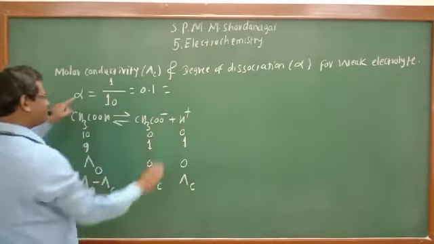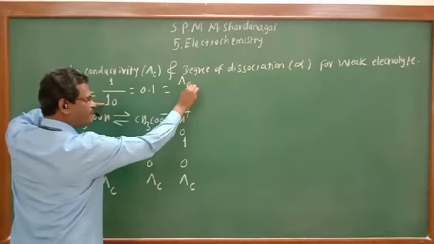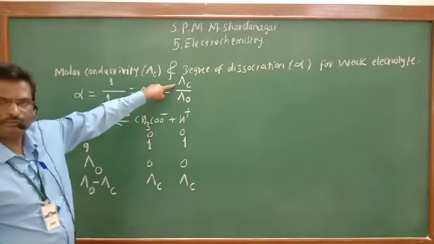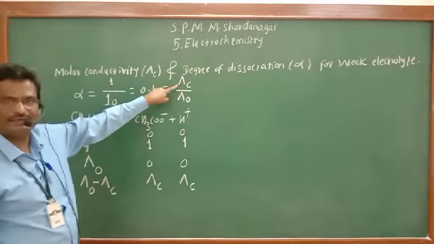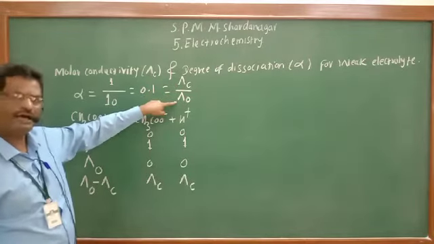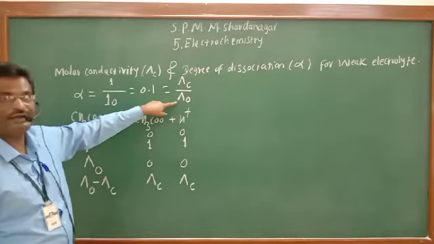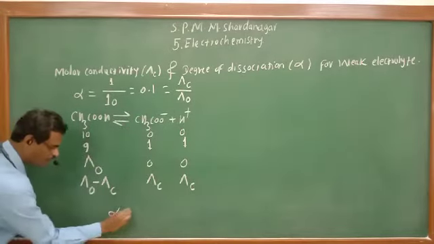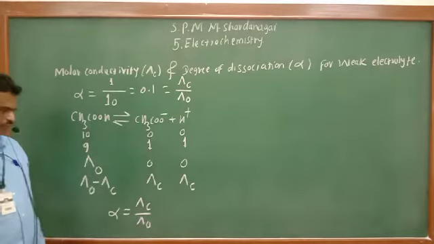But in this equation, alpha, instead of 1 upon 10, will be written like this: lambda c divided by lambda 0, where lambda c is the molar conductivity at given concentration, and lambda 0 is the maximum molar conductivity at 0 concentration, at infinite dilution. So this relation, alpha will be equal to lambda c upon lambda 0 for weak electrolyte.